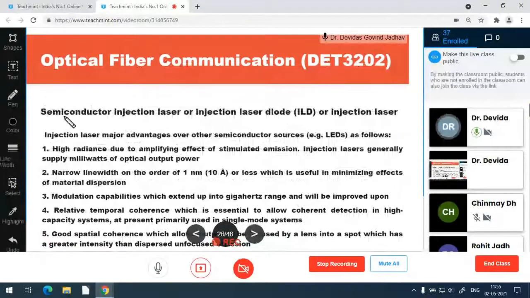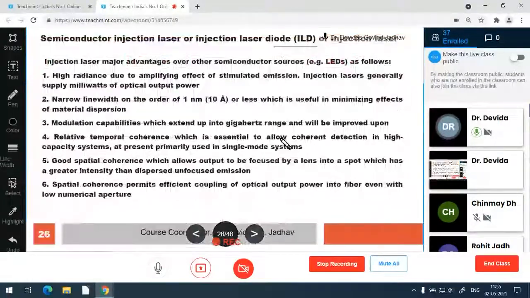Then the semiconductor injection laser, or injection laser diode, ILD. The injection laser diode, or laser diode, has advantages over other semiconductor sources like LEDs. What are the advantages?